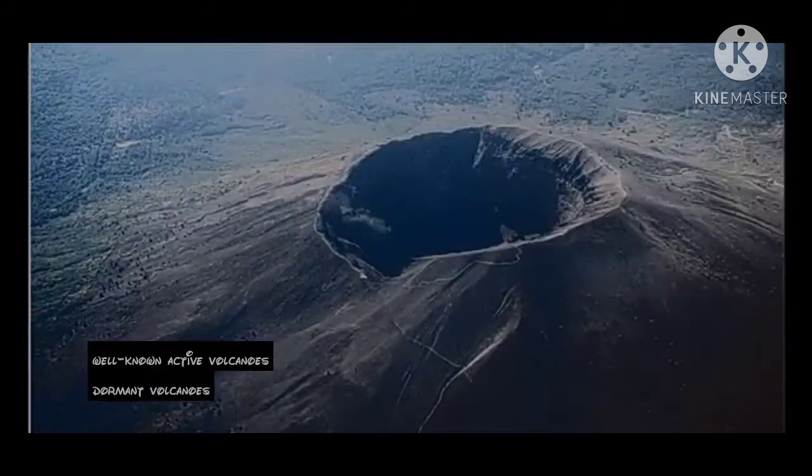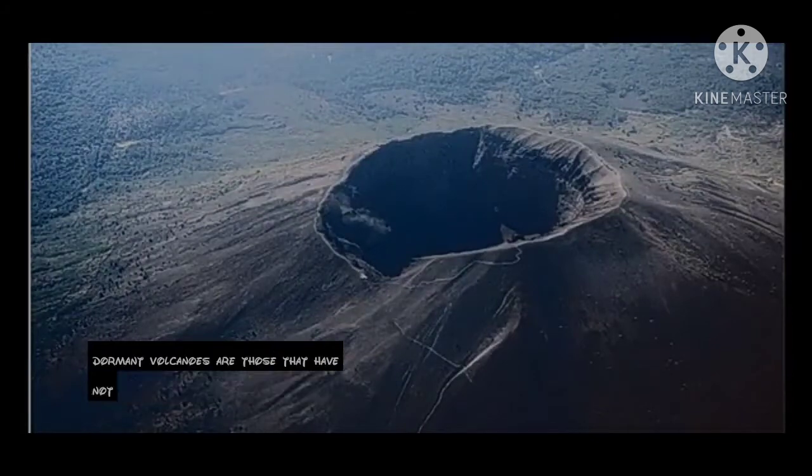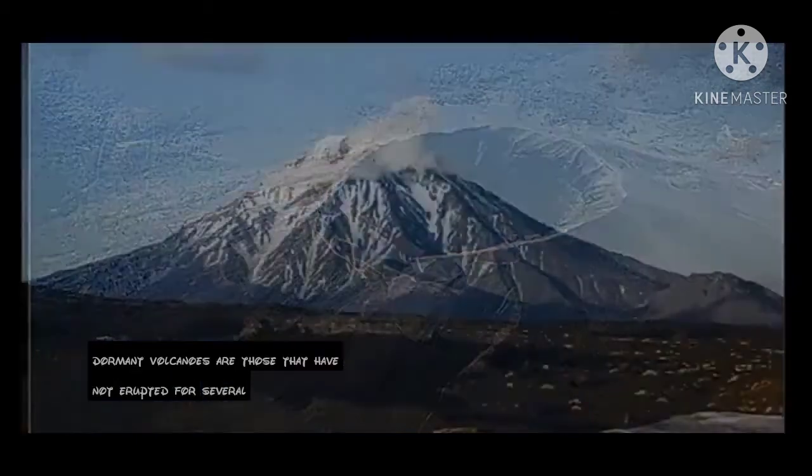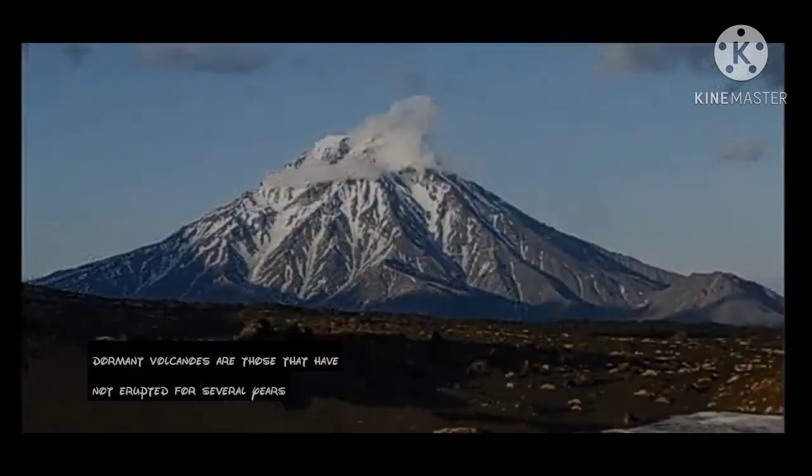Dormant volcanoes are those that have not erupted for several years.